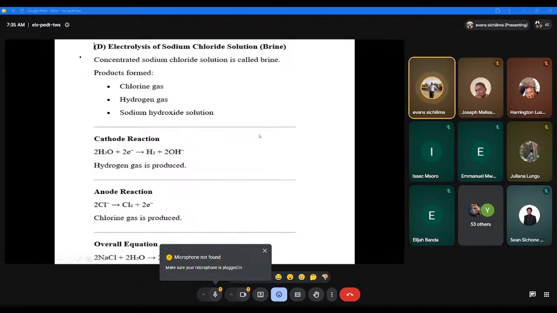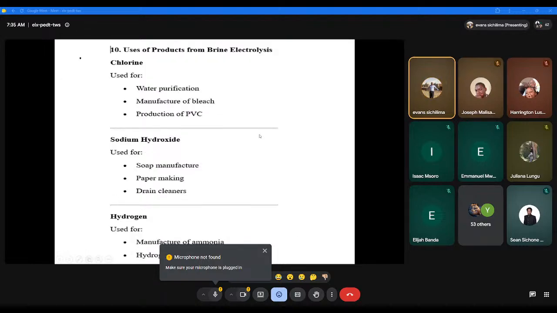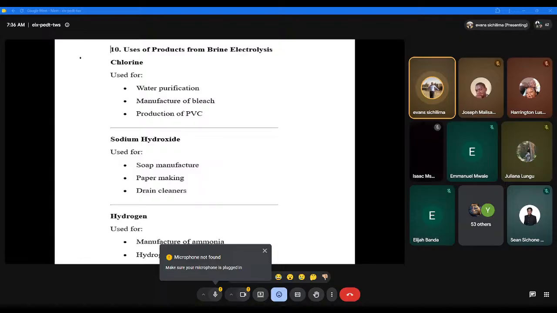So let's look at the uses of the decomposition of brine or concentrated sodium chloride. So chlorine is used for water purification. It's a well-known fact. We also have manufacturing of bleach.